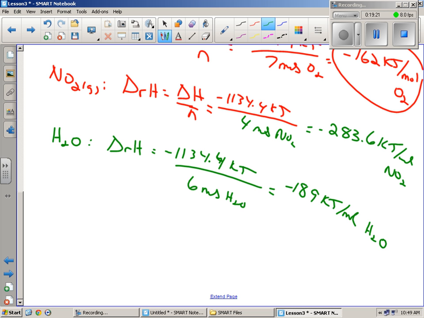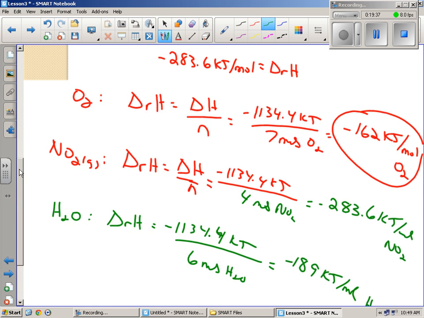Okay? And of course, each one's going to be a little bit different because you're producing different numbers of moles for each one of those, or reacting different numbers of moles. And if you have the same number of moles, of course, you're going to get the same molar enthalpy for those. Okay? So that's called molar enthalpy.